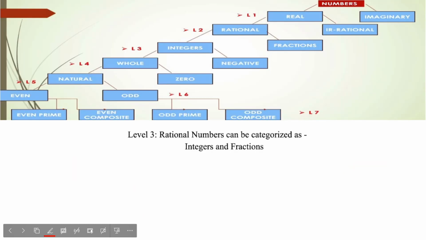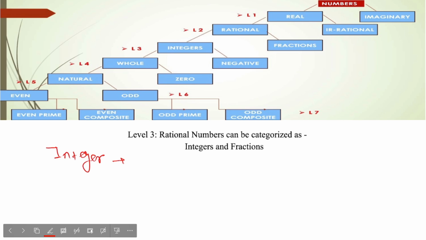Now let's move to the third level, which is the classification of rational numbers into integers and fractions. How does a rational number get classified into integer and fraction, and what are they? Let us understand in this way. An integer is a number which looks like a stand-alone value.